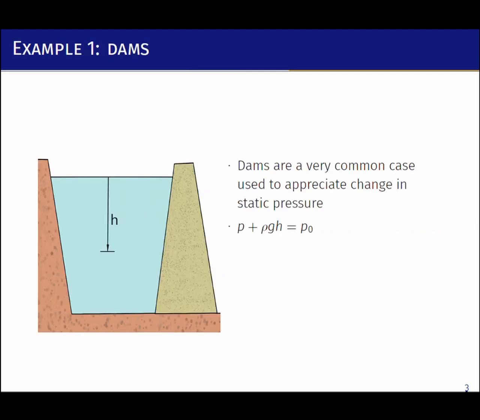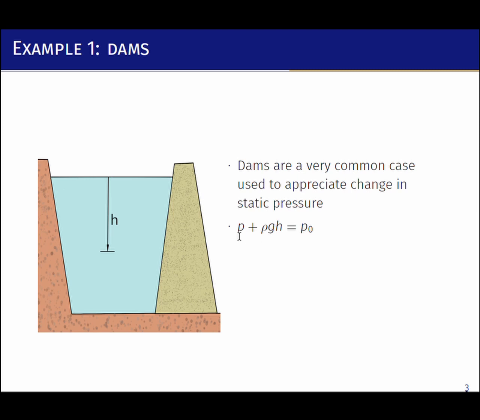Dams are a really common case used to appreciate the change in static pressure. The figure on the left is a dam, and we're going to take a height h from the surface of the water going downwards. Note that h will be negative.